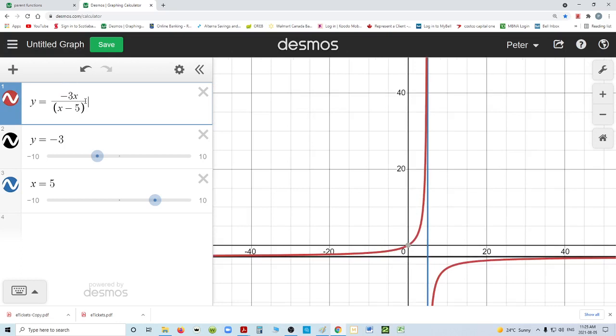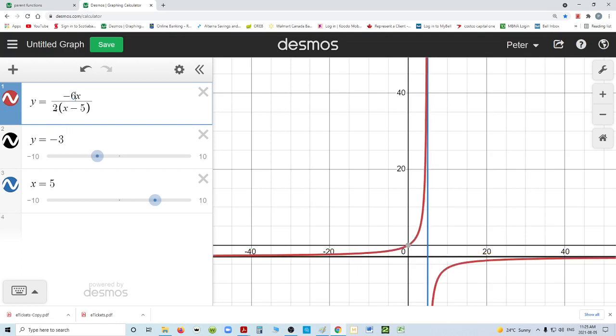We'll get more into what's happening here. And that's creating a different type of horizontal asymptote. And that's when the power up here is the same as the power down here. The horizontal asymptote is dictated by the ratio of the coefficients in front. So minus 3 over 1. But I could have also put a 2 down here and put a minus 6 up here.